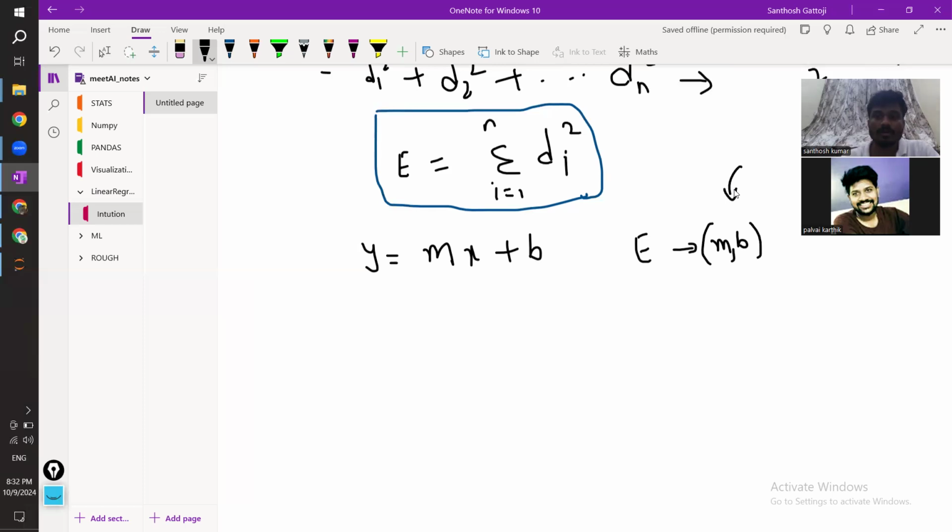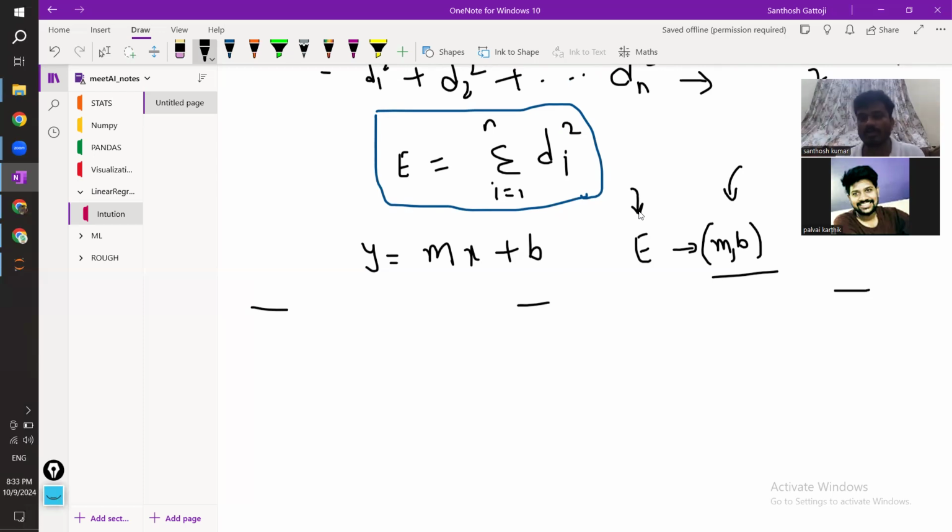Now we'll talk a bit of math over here. Whenever you have a function, my mathematical goal is to find the values of m and b such that you get the minimum value of E. But you should understand this clearly. Many people think that you should find the minimum values of m and b. No. I want those values of m and b that give the minimum E. Whatever those values are, I don't care. m and b could be 0, 1, 10, 20, -100, whatever.